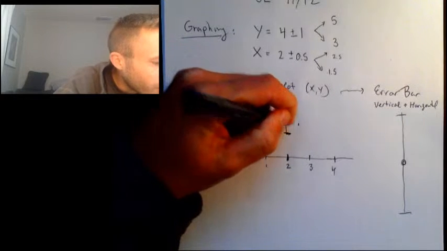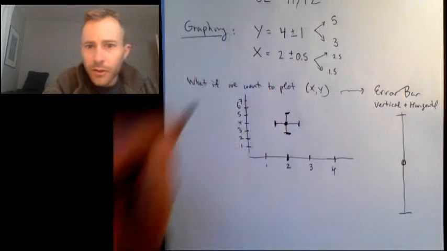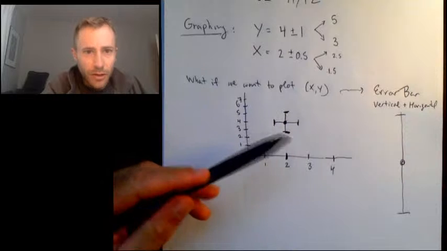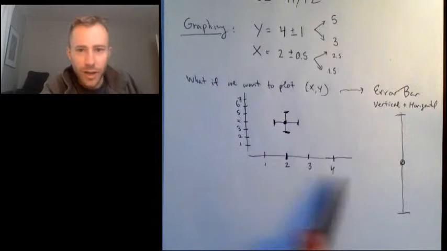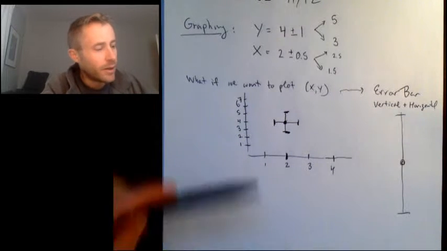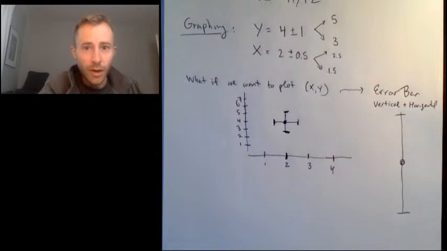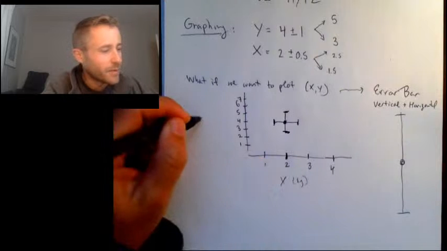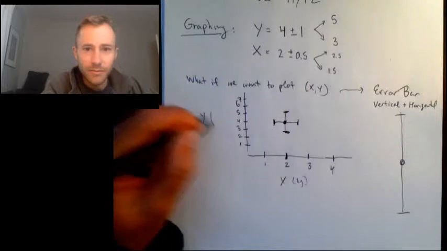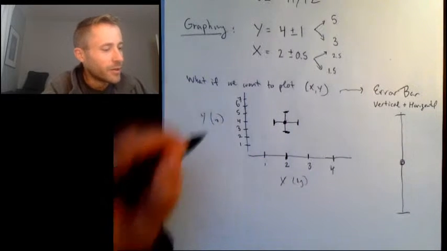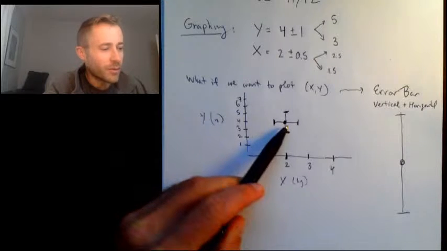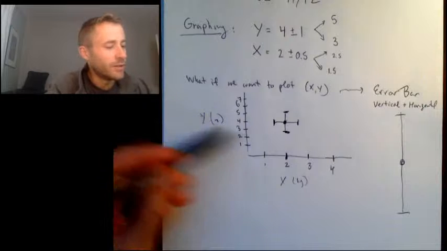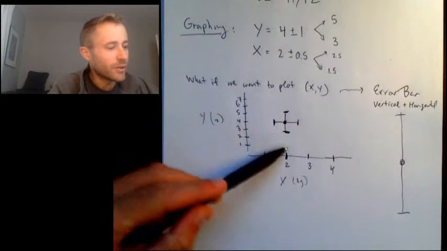Notice how these error bars appear the same size, but really it's like comparing apples and oranges because they have different scales on the axes, and they represent different quantities. Maybe x is measured in kilograms and y is measured in meters. So this horizontal error bar represents an uncertainty of 0.5 kilograms, and this vertical error bar represents an uncertainty of 1 meter.